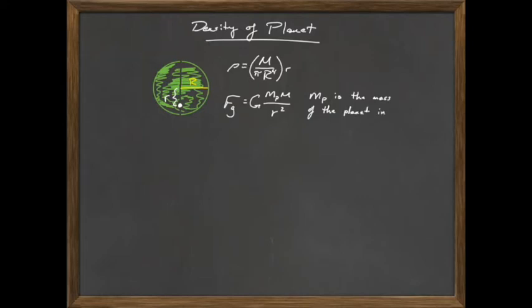Now, when we write our gravity equation, gravity is the gravitational constant times the product of the masses divided by the distance squared. The MP term, the mass of the planet, is referencing only the mass of the planet that is inside the sphere that we would draw based on our location.